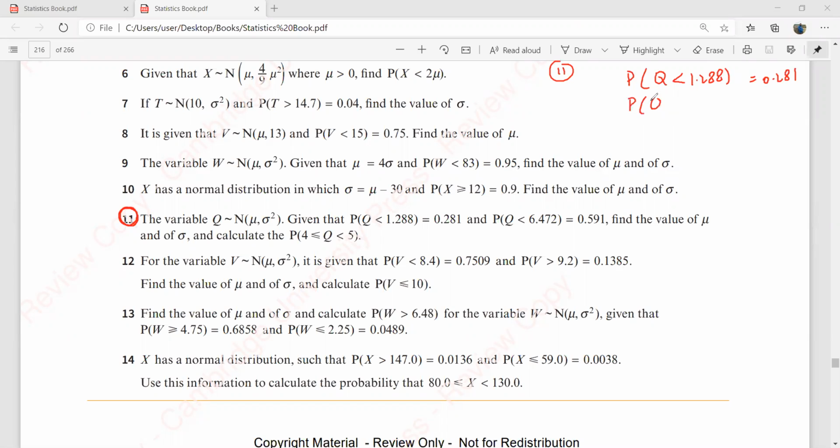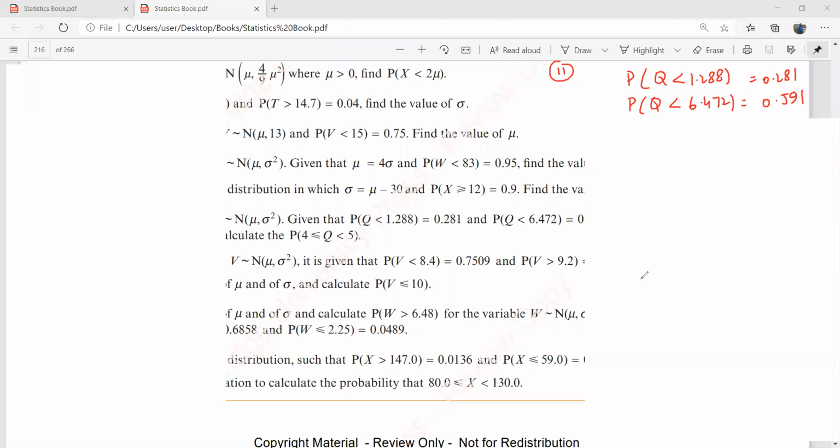You're also given the probability Q is less than 6.472 is 0.591, and it says find the values of mu and sigma. We can do this later between this 4 and 5. Since we know the question, I've just covered some of this area.